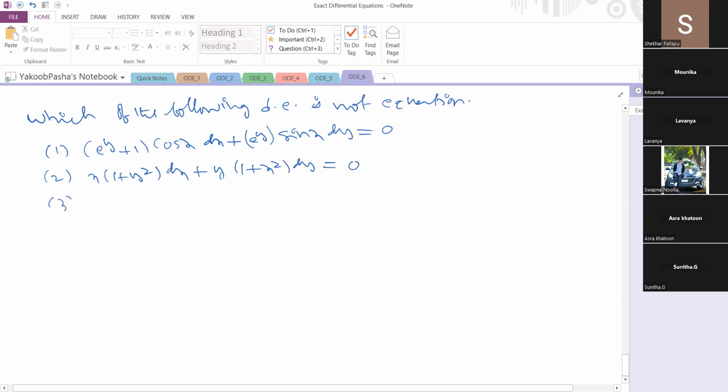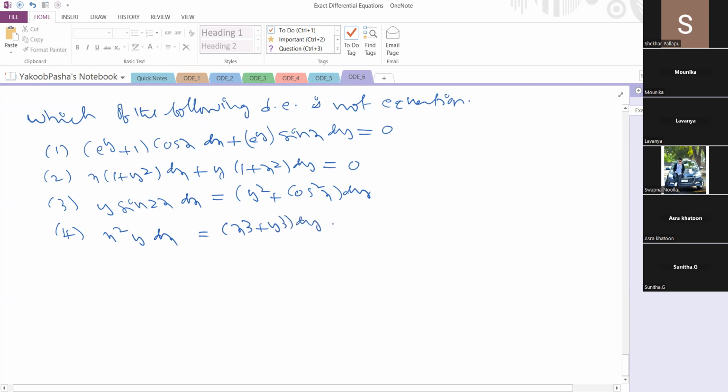And third option, y sin 2x dx is equal to y square plus cos square x into dy. And the fourth option, x square y dx is equal to x cube plus y cube dy. Okay, 4 options ichadu. Which of the following is not exact equation?